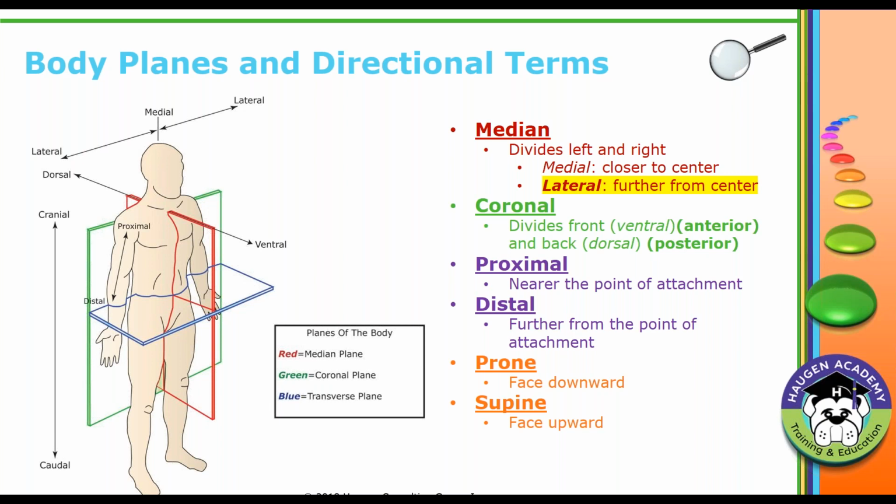Lateral is going to mean further from the center. And then proximal is going to be nearer to the point of attachment. And posterior is going to be towards the back. So you can see the definitions there, and you'll see these terms a lot in your orthopedic notes. So this slide can be a good reference for you guys to keep as well.